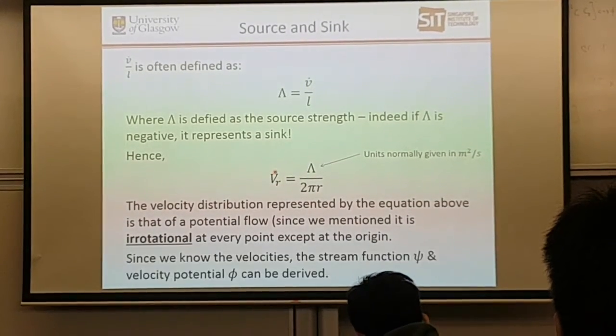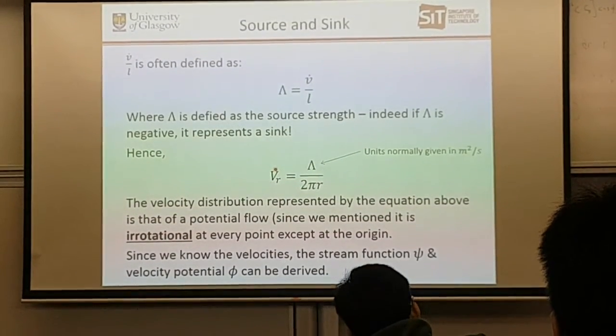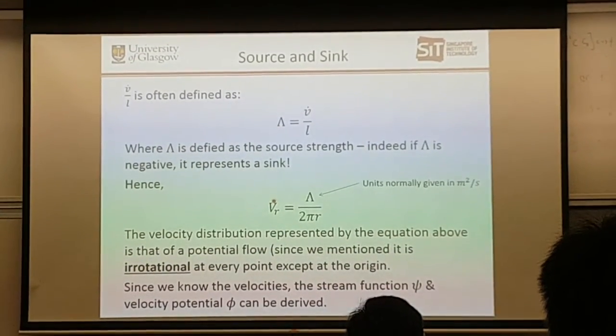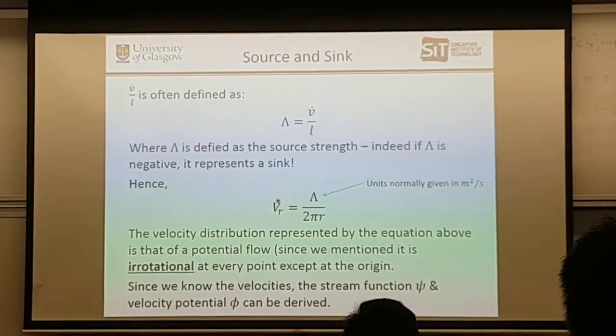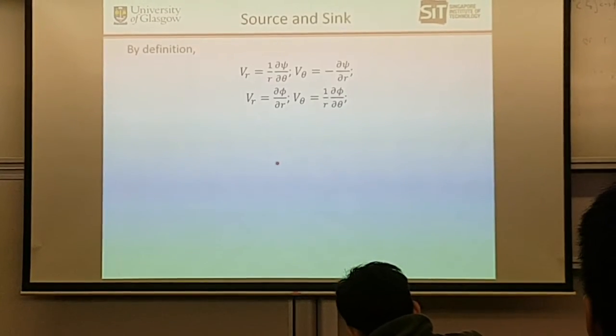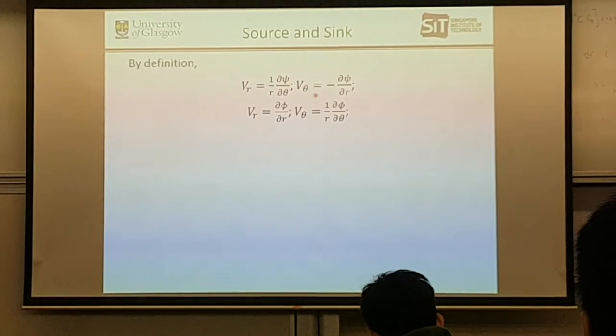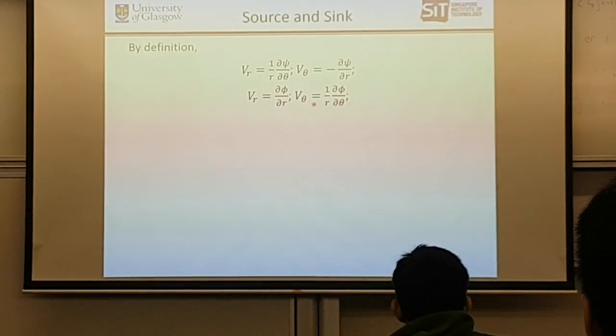Now we can do the same thing that we did for uniform flow. I can get both my stream function and my velocity potential. How do I do that? I need these equations here, my V_R and my V theta. It's simple because my V theta is equal to 0 in this case.